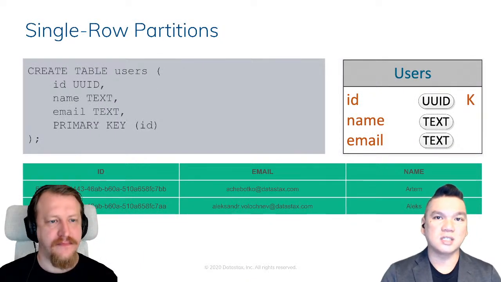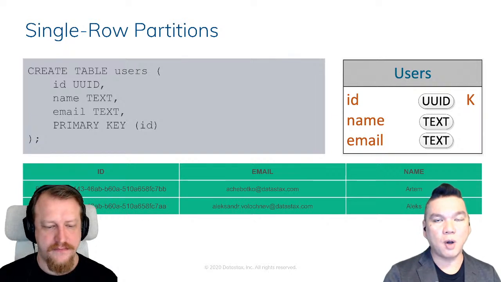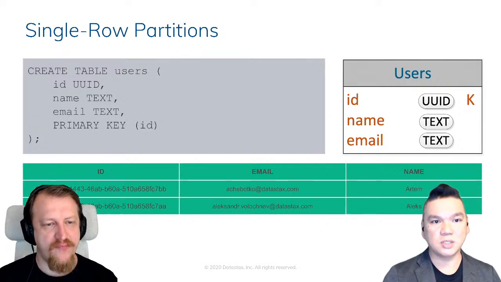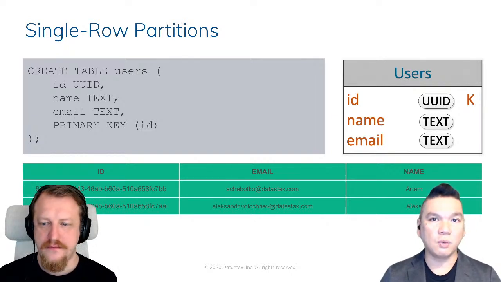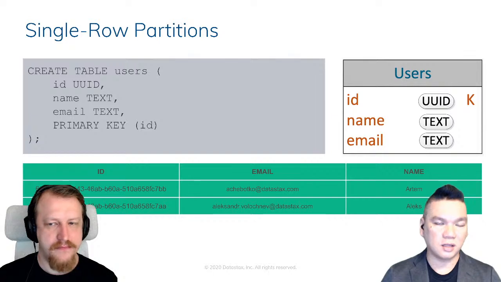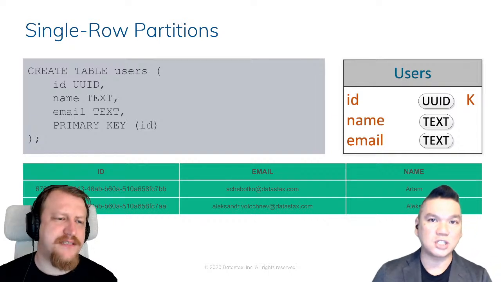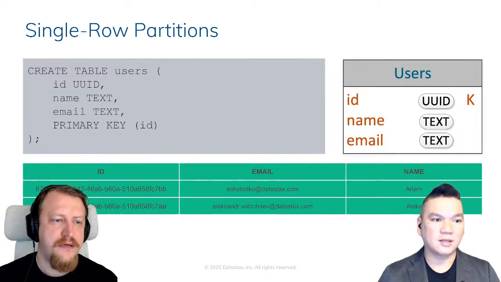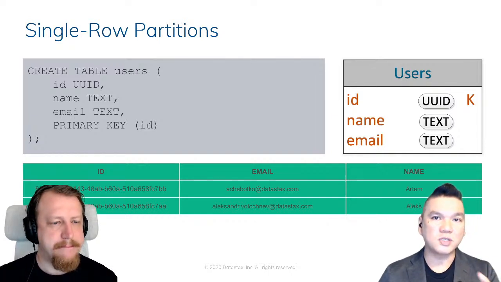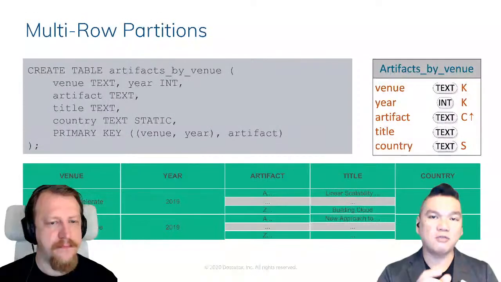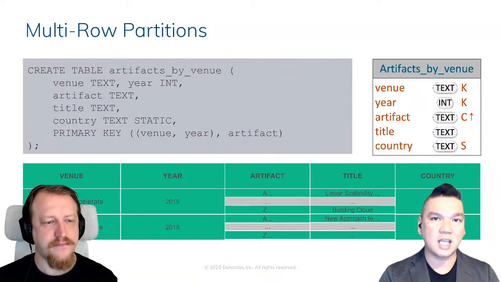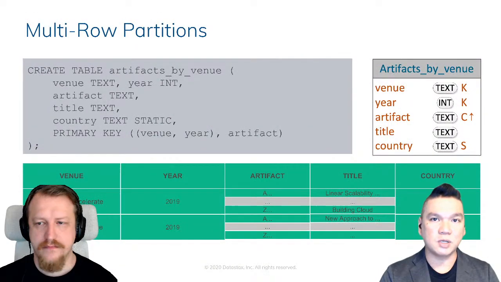It's simple because it has just one component in the primary key, which is the partition key. Alex used the expression before, compound primary key. Composite. Yeah, it's the same, composite or compound. Composite partition key is when you have multiple columns for the same partition within the partition key.